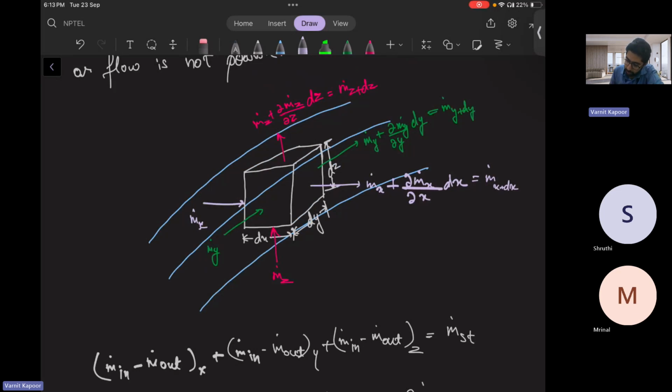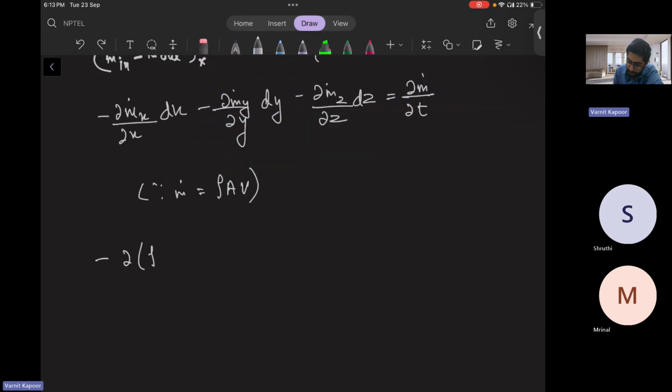If the flow is in this direction, the area it is crossing is dy into dz. So for this it will be rho, area dy dz, and velocity in the x direction, ∂/∂x dx. All right, correct.